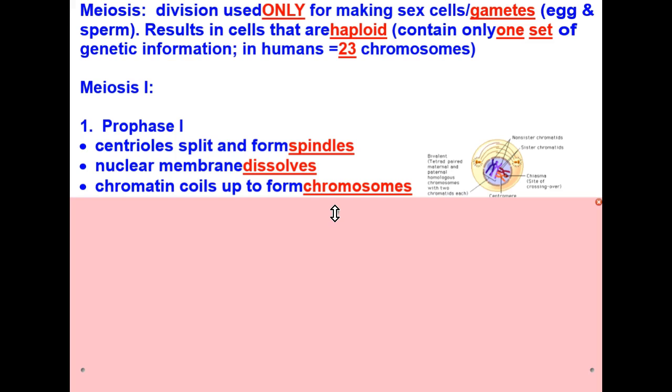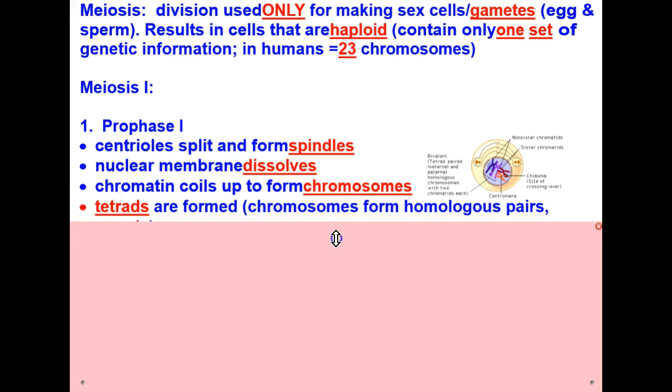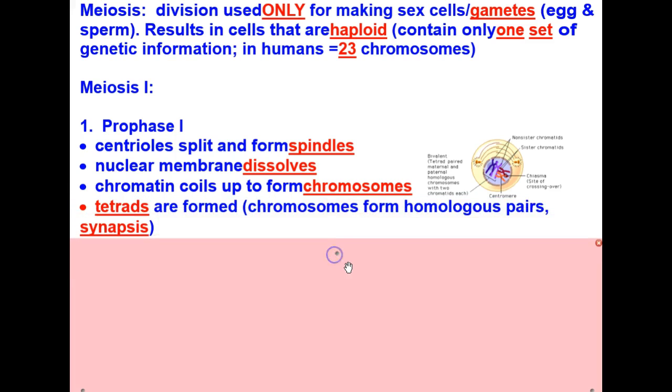Now, all this should sound very familiar to you from mitosis. However, in meiosis, tetrads are formed, and tetrads are chromosomes that form homologous pairs. So the chromosomes pair up with each other, and this process is called synapsis.